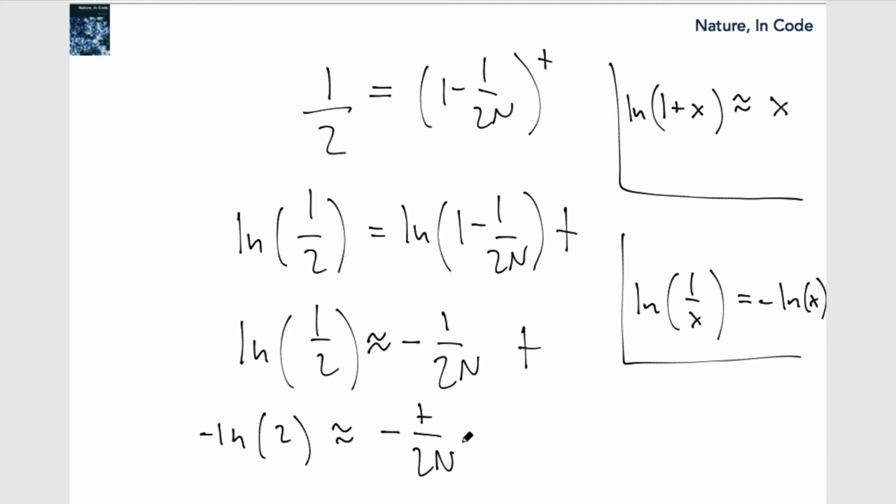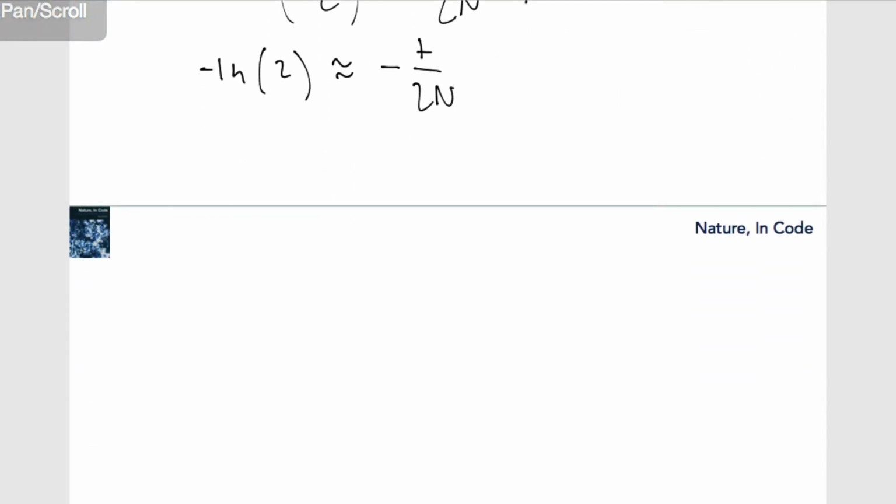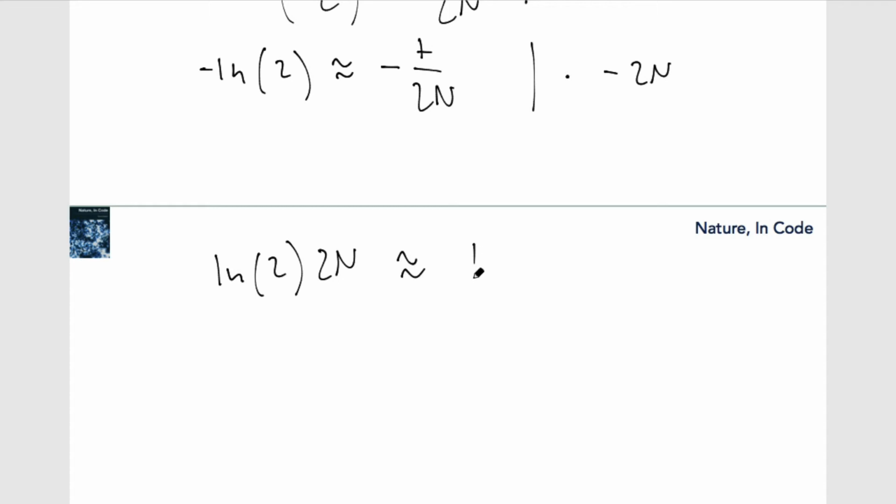So what I'm going to do now is scroll down here a little bit. I'm going to multiply both sides with minus 2n. So over here I'll get ln 2 times 2n, and over here I get t.